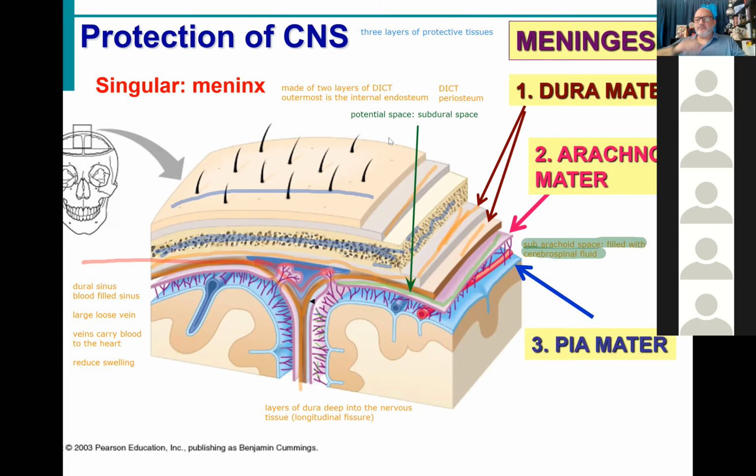And lastly, notice there is a third layer to our meninges. The brain has this wonderful shrink wrap on its outer surface. Notice this goes down into all of the sulci, stabilizing the gyri, holding them in place like shrink wrap.